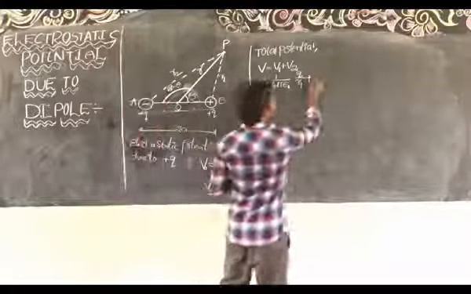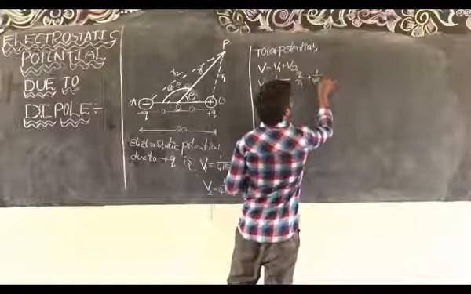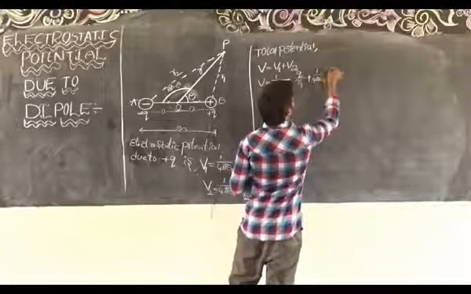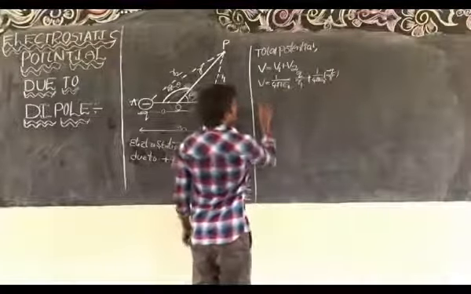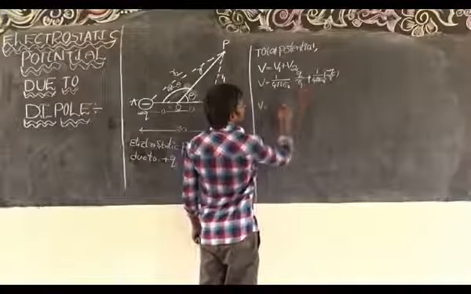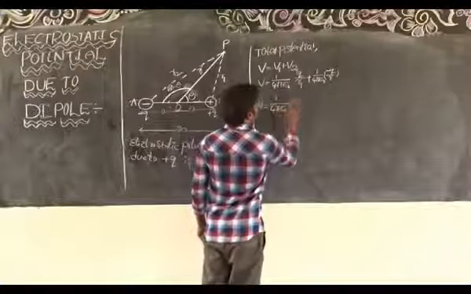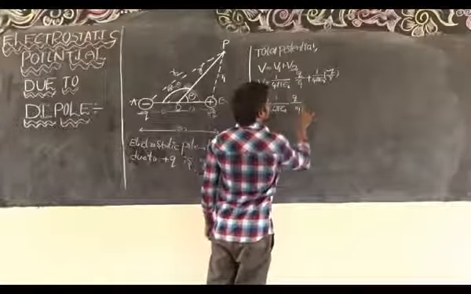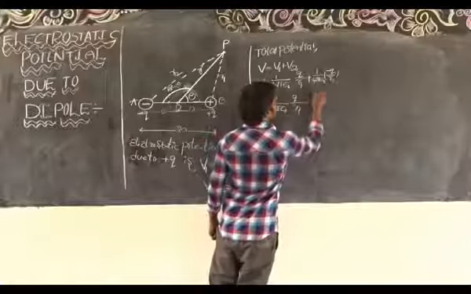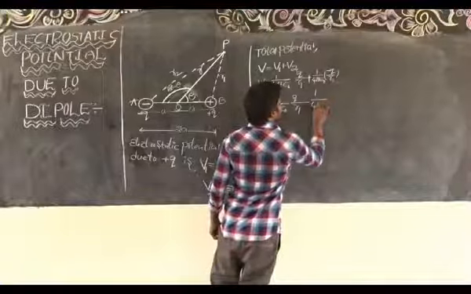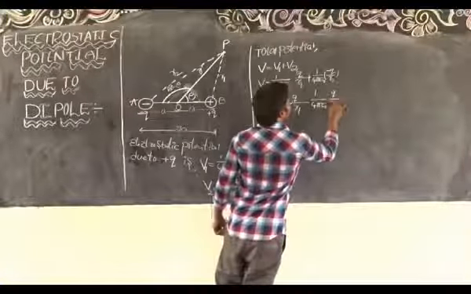So see here, 1 by 4 pi epsilon naught into minus Q by R2. So please add both. V is equal to, in these two terms, 1 by 4 pi epsilon naught into Q by R1, plus, here minus, 1 by 4 pi epsilon naught into Q by R2.